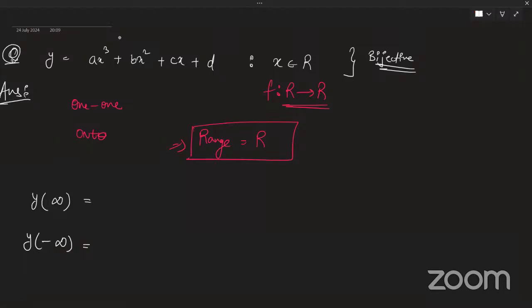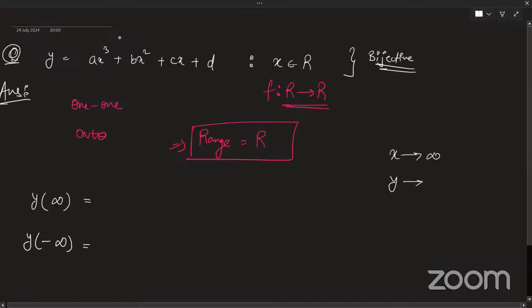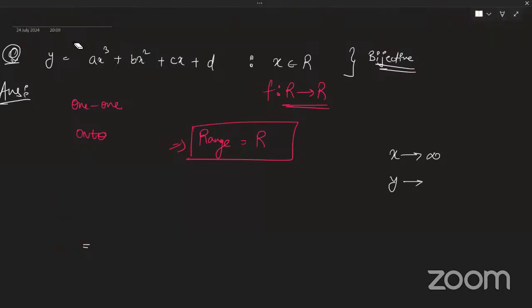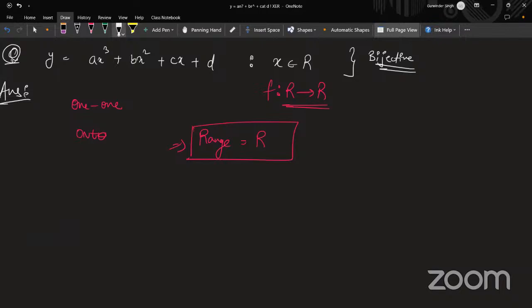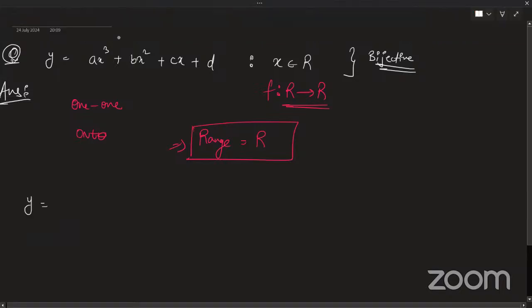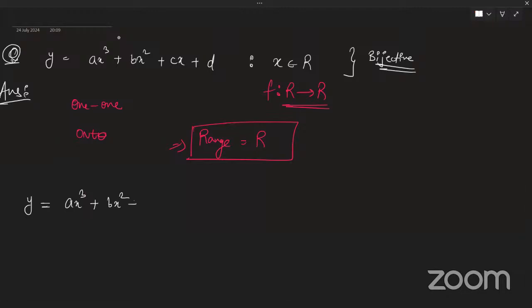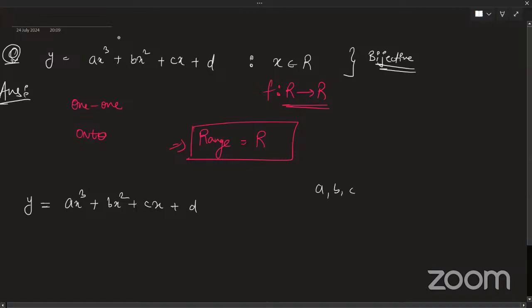Can you tell me, if I am putting x tends to infinity, what will my y tend to? See, a, b, c are nothing but basically just real numbers, right? So it is ax cube plus bx square plus cx plus d, where a, b, c, d are real numbers.